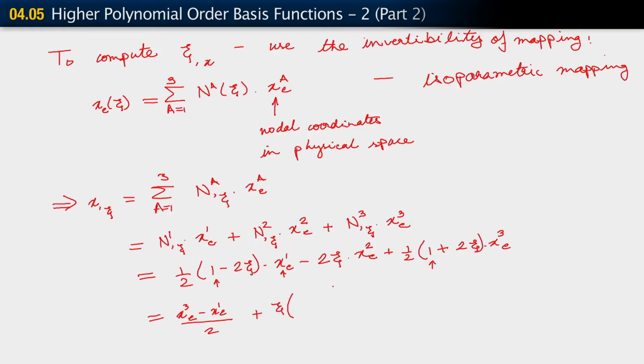The only other term is linear since we've taken a derivative over quadratics. For x1e we get x1e, for x2e we get minus 2 x2e, and for x3e we get plus x3e. I see that I may have made an algebraic error on the previous slide, so let me go back.